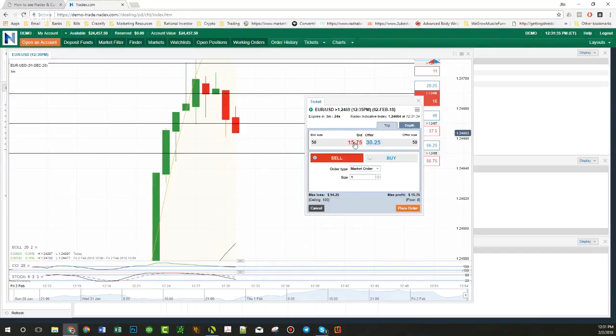So remember, on the bid side or the sell side of things, whatever this number is, that's your profit. See how I'm risking? That doesn't make sense. That's lagging or something, saying that's $110.